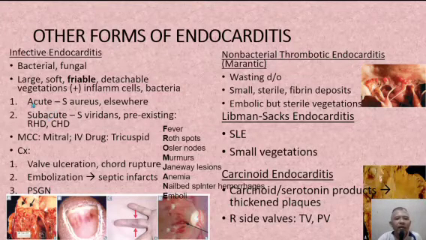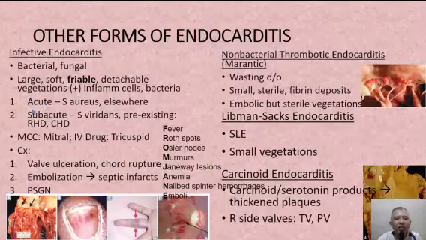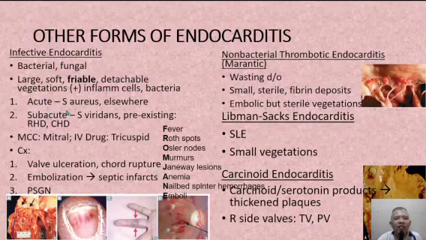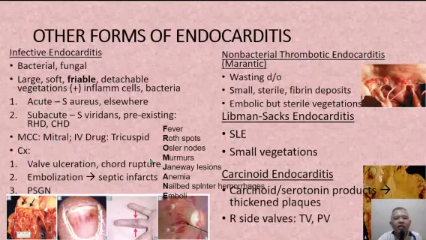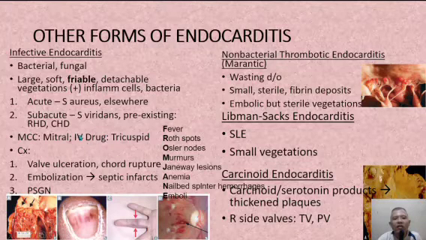Okay? And the most common cause is Staphylococcus aureus. However, for subacute or pre-existing disease, the cause is Streptococcus viridans. The most common valve involved is the mitral. However, if it involves an IV drug user, the most common valve involved is the tricuspid valve.